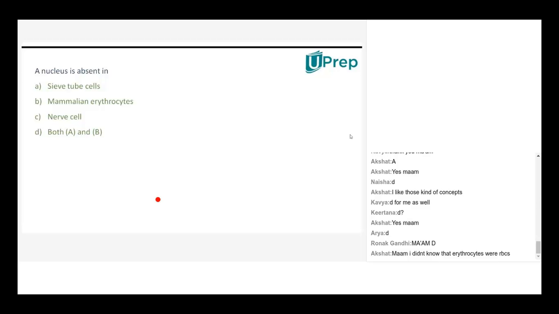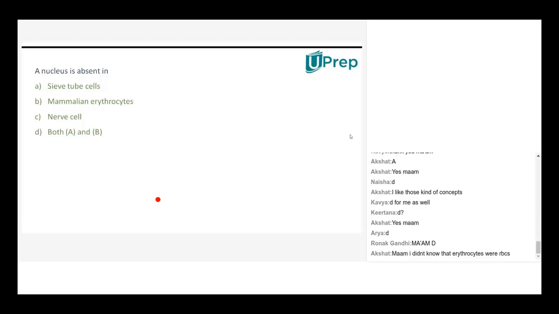It will get matured, its function gets over and it will die. When RBC cells are at the starting stage of their development, they will have a nucleus. But when they get matured and die off, at that stage they will lose their nucleus and become dead. So obviously dead cells will not have any functional nucleus. So option B is correct.